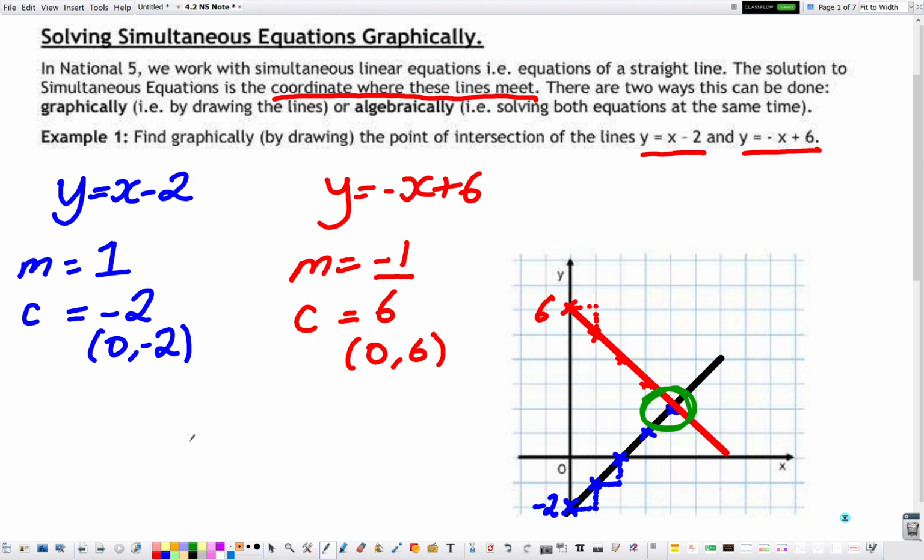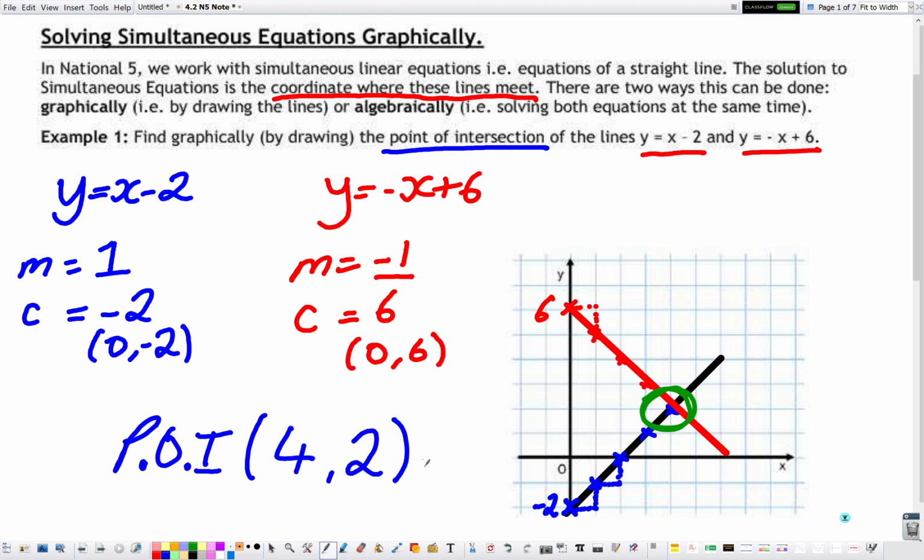So we would say the POI, which is the point of intersection, is whatever the coordinate is from the graph. So 1, 2, 3, 4 along, and 1, 2 up. So my point of intersection is the point 4, 2.